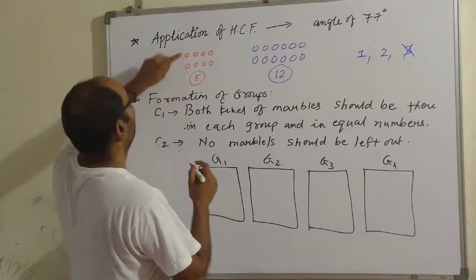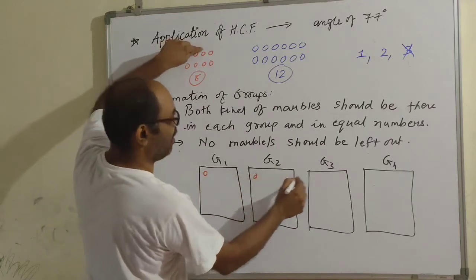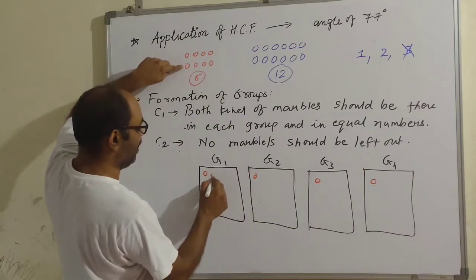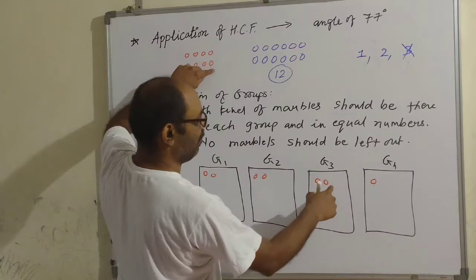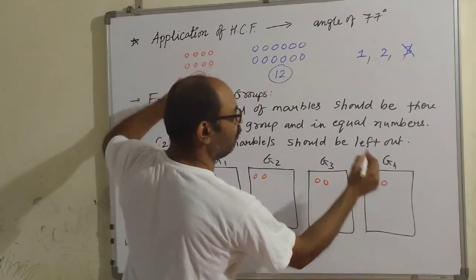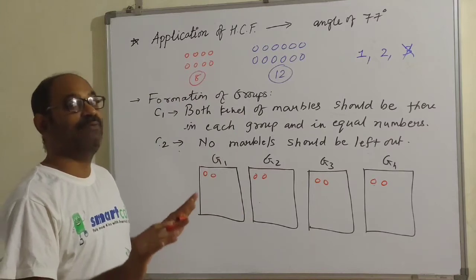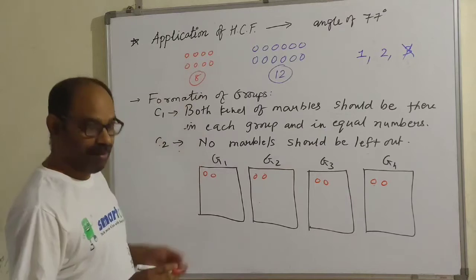First red here, second red here, third red in the third group, fourth red in the fourth group. Again, fifth red in the first group, sixth in the second group, seventh in the third group, and eighth in the fourth group. So all 8 marbles are placed in 4 different groups, and not a single marble is left.